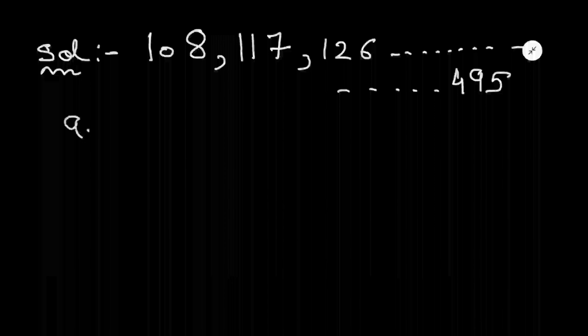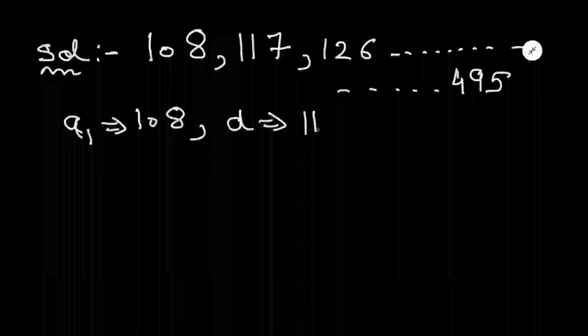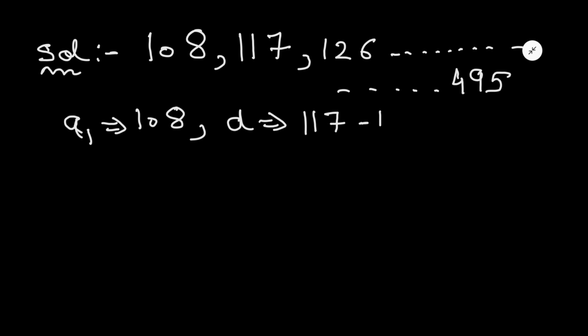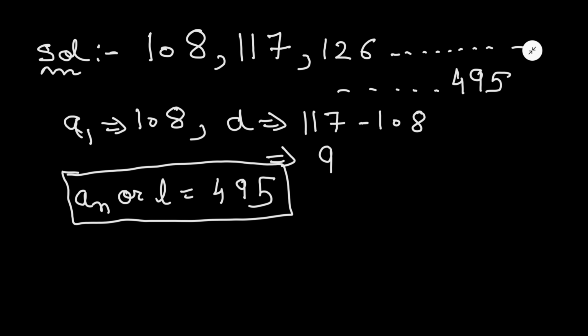So here our first term is equal to 108. Common difference is 117 minus 108, which is equal to 9. Our last term, or the nth term, is equal to 495. So with the help of the last term, we will calculate the number of terms, which is n.